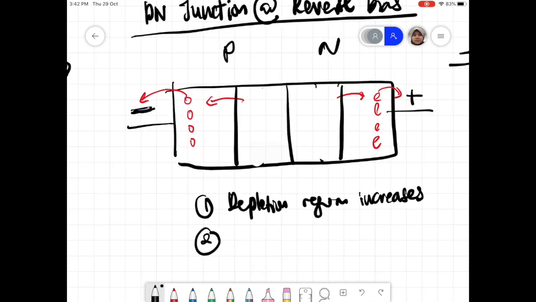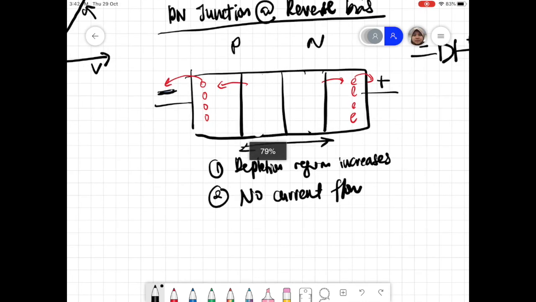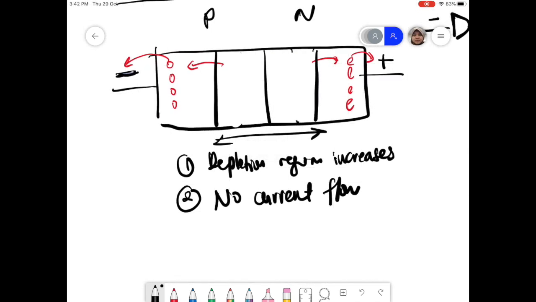Okay, so the depletion region becomes bigger, and for this purpose, if you are in first year, you will say no current flows, because it's difficult to overcome this big depletion region. Okay, so the bigger the reverse voltage, the bigger the depletion region. So you apply more reverse voltage, then you have bigger depletion region.